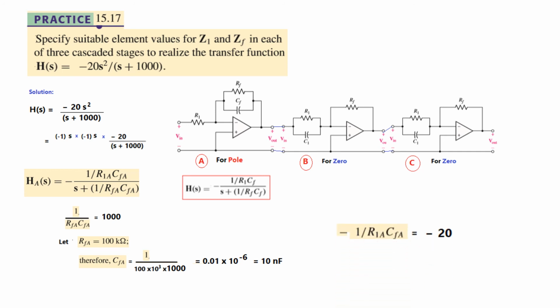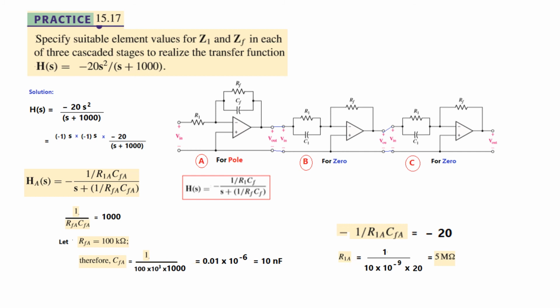So from this circuit now, the numerator is -1 over RA1 CFA. This we compare with the numerator, which is equal to -20. So this is equal to -20. And here also we plug in the value of CFA that we got from here, 10 nanofarad, to calculate RA1.